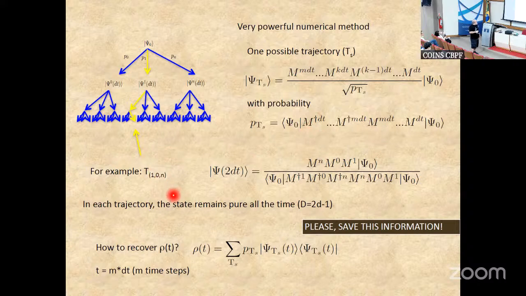And then how do I recover rho of t? What I do is that I take the projector of each one of the states corresponding to the trajectory, I multiply by the probability of that trajectory, and I sum everything. And so that's the quantum trajectories method.